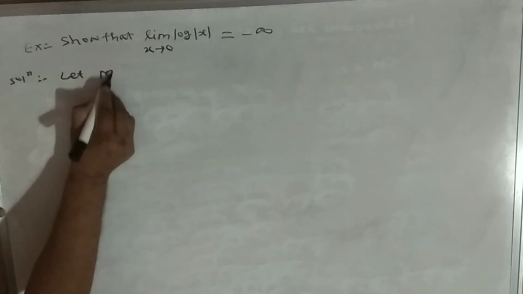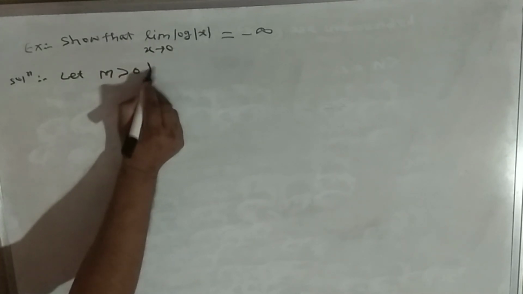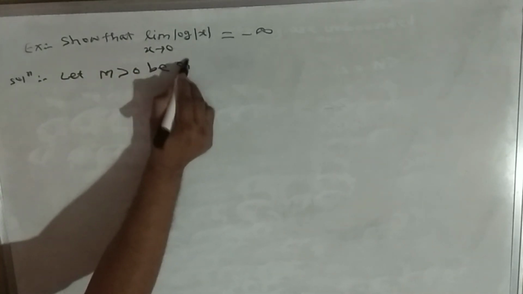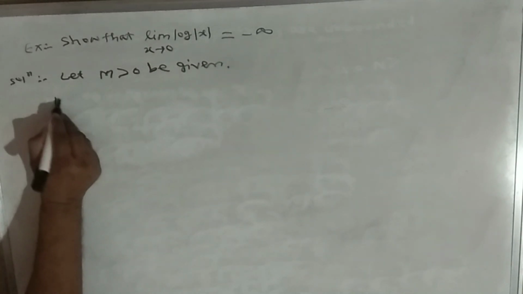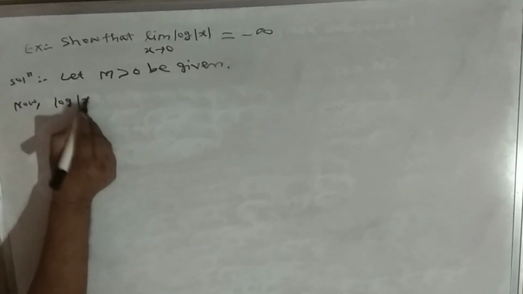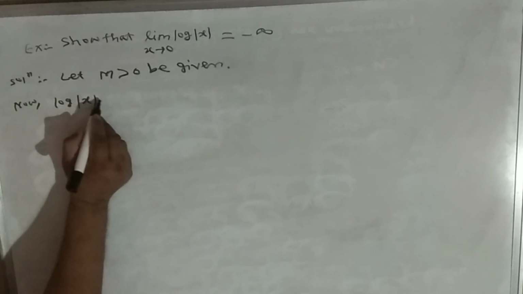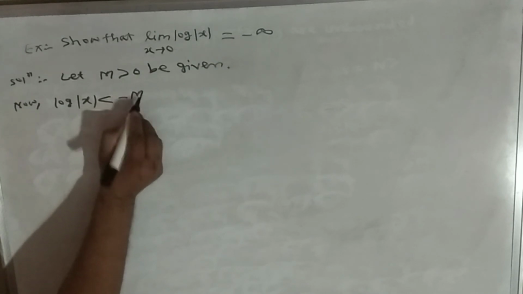Similarly, let m greater than 0 be given. Now log of mod x is strictly less than minus m.